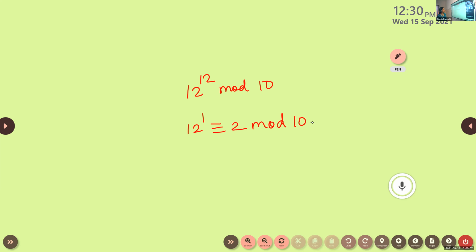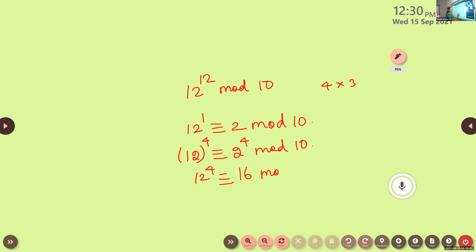We want 12. 12 means how you can write? Is it 4 into 3? Straight away, if I take 12 means you'll get 12 raised to 12. Instead of that, let us evaluate it slowly, step by step. 12 raised to 4 will be congruent to 2 raised to 4 mod 10. So 12 raised to 4 is congruent to 2 raised to 4, which is 16.